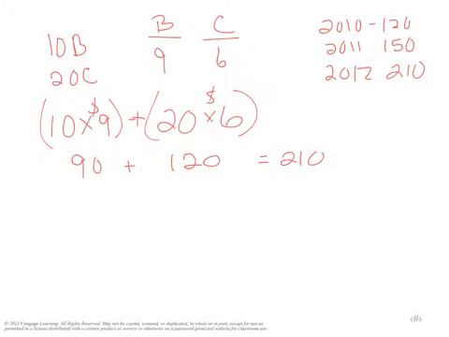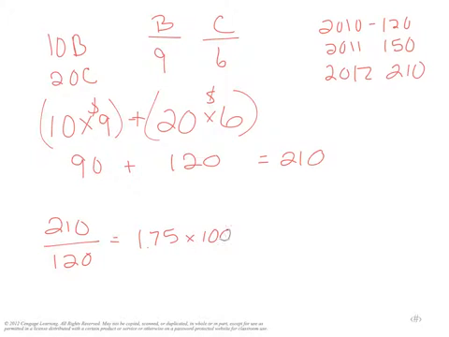Now what I want to do is calculate the percent change, but before I do that I need to get to basis points. And so I'm going to take 210, divide that by the base year of 120, and that gives me, let's see over here on the calculator, 1.75.